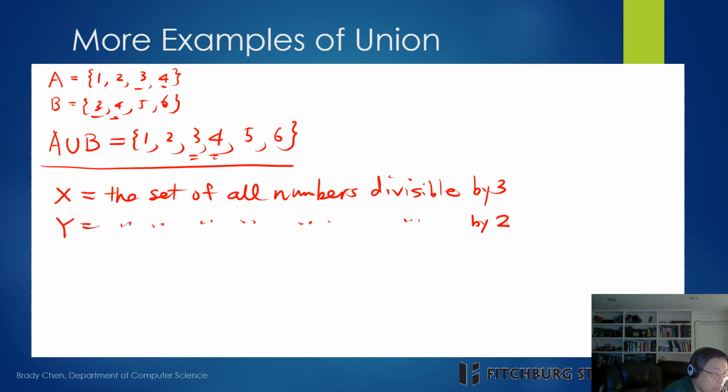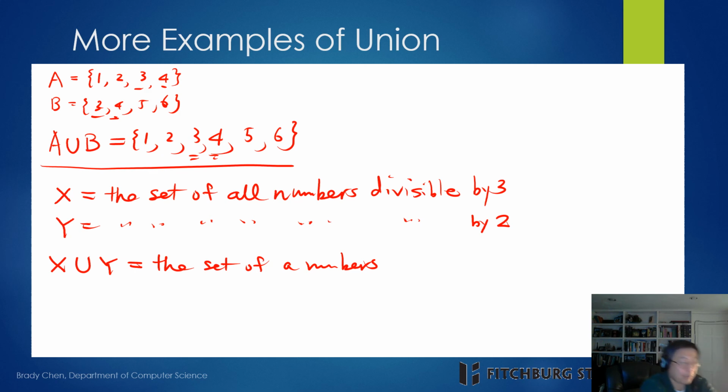Okay, now what is X union Y? Remember the definition, you just combine all the possible elements from X and all the possible elements from Y together.